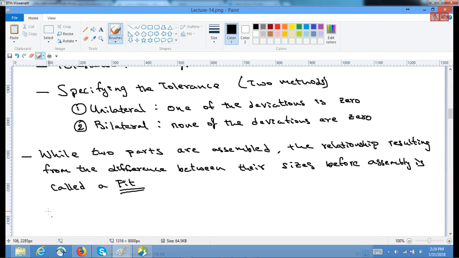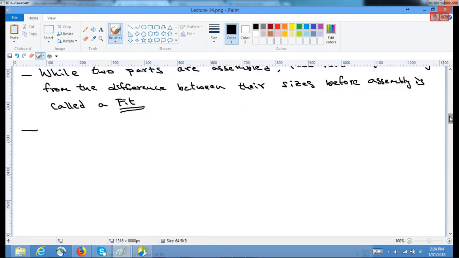And there are three types of fit. First one is clearance fit.